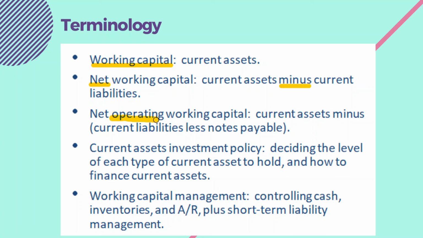When we add the term "operating," it becomes net operating working capital, or NWC. By adding the term operating, we're going to look at short-term operating liabilities. We will subtract notes payable, which is short-term borrowing, from the equation. So it will be current assets subtracted by current liabilities net of notes payable.